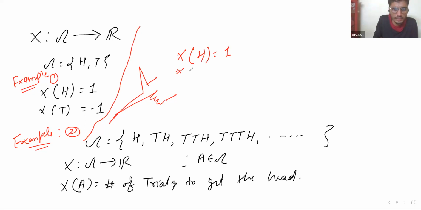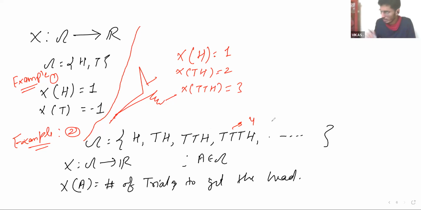That is one. What is the image of tail head? That is two. It means two trials we required for this outcome. For this outcome, we required three trials. Tail head. It means we can define a function. Then this is mapping for four, and this is a quite reasonable function that satisfies the definition of function.